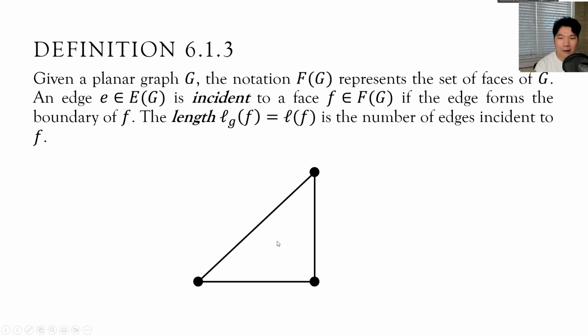So this inner face is incident to this edge, this edge, and this edge. So we're incident to 3 edges. Hence, my inner face has length 3. So this is how we think about the length and an incidence between an edge and a face.